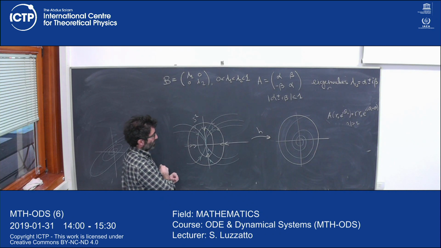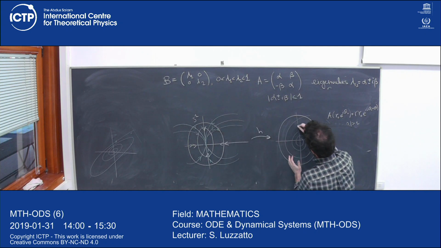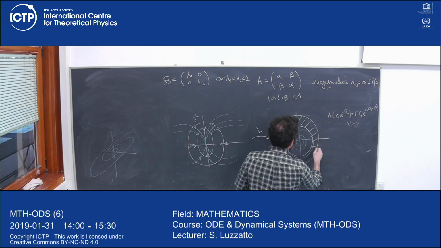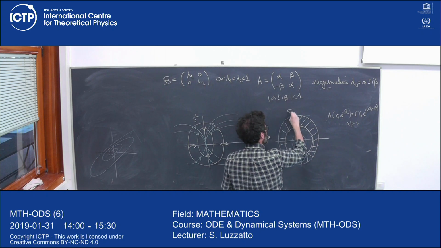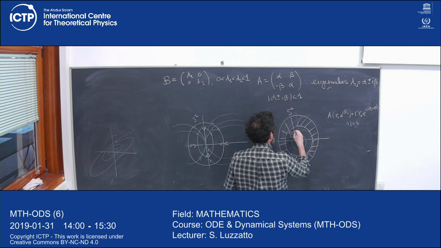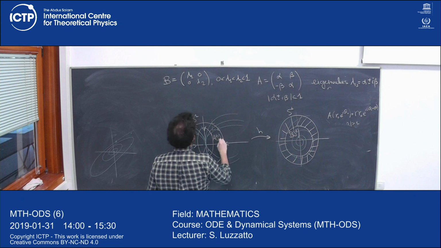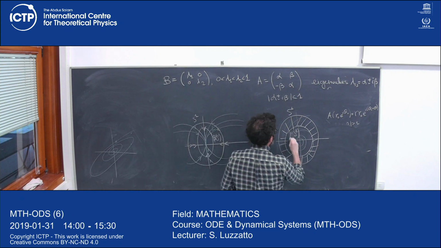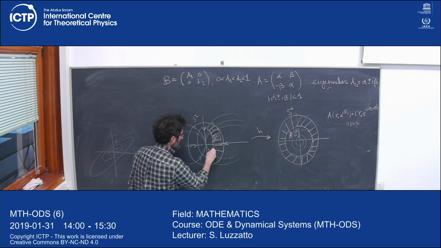Whereas here, it's going to be exactly a circle, just another circle contracted by a factor R, and here therefore we have this disk. So this is S1, the unit circle, and this here is A of S1. Sorry, the other way around. B of S1, this is A of S1. Okay, so here we have this disk here.